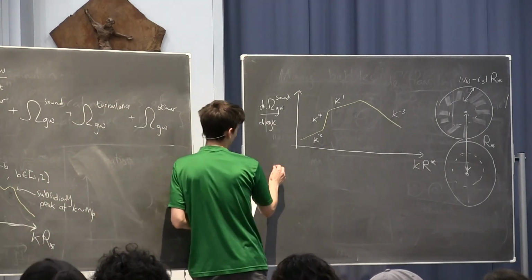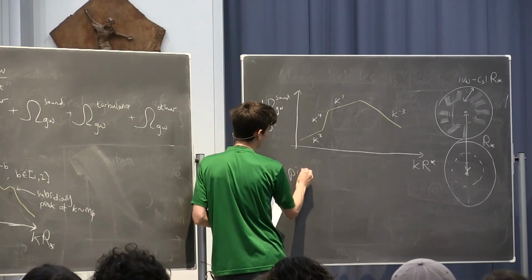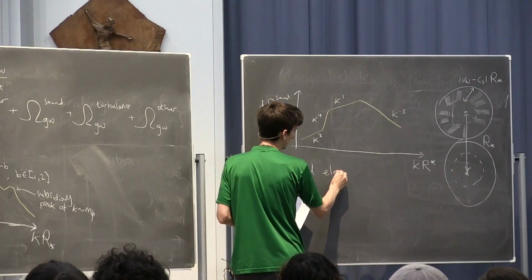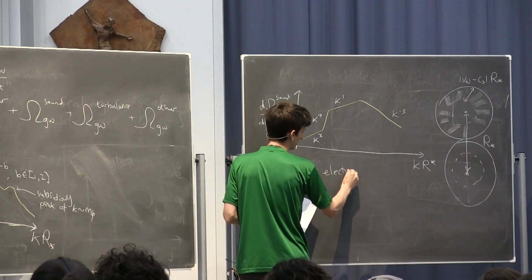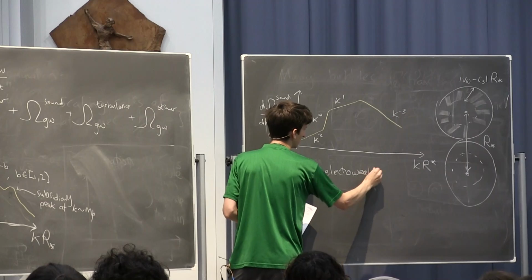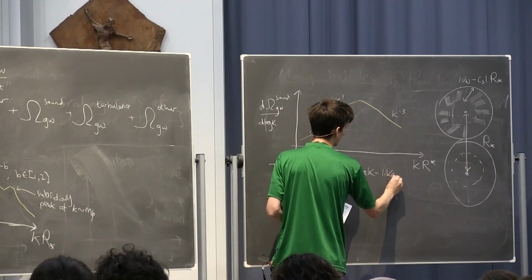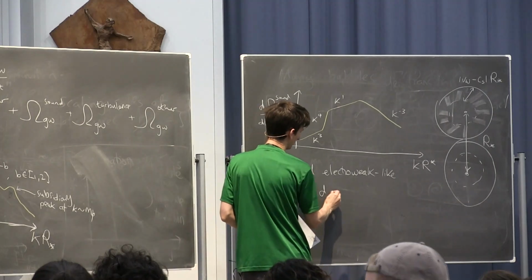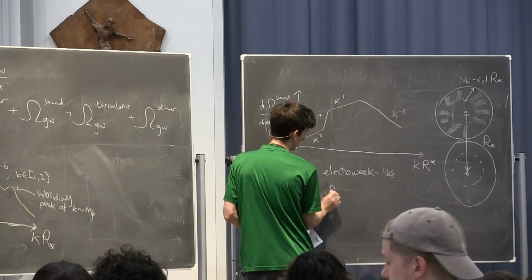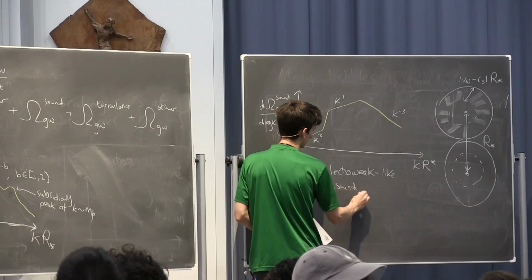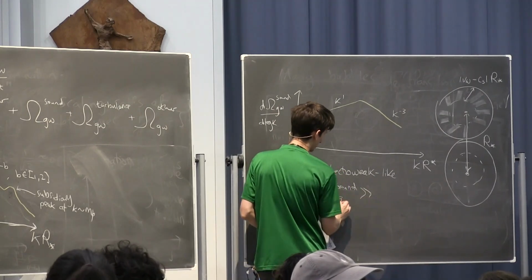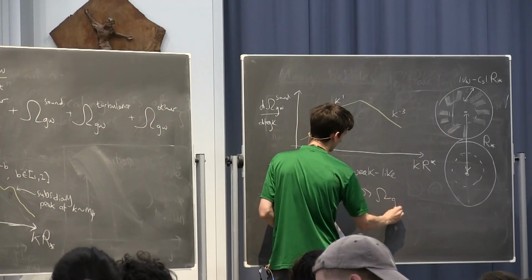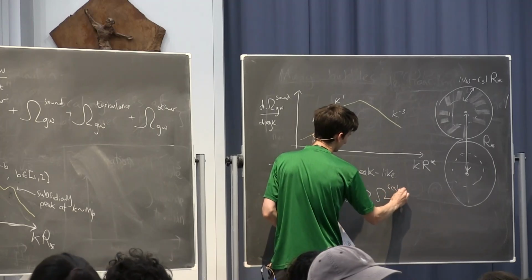And for, let's say, a typical electroweak-like case, one finds that omega GW sound is much bigger than omega GW scalar.